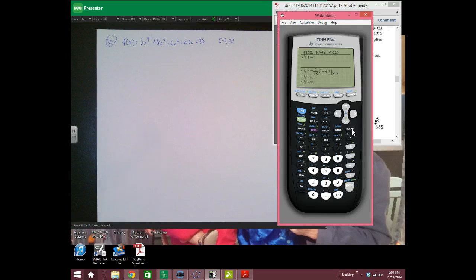So 3x to the fourth plus 8x cubed minus 6x squared plus or minus 24x plus, oops, put the x in there, x plus 3. Again, I don't want to graph the derivative, so I'm going to leave that highlighted off there.